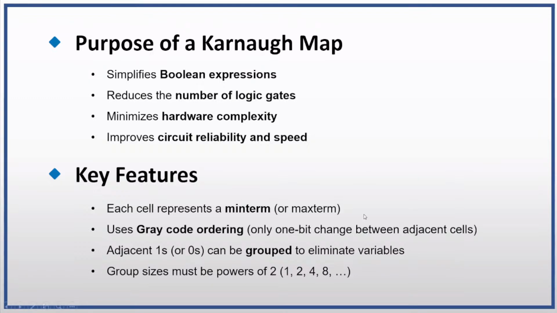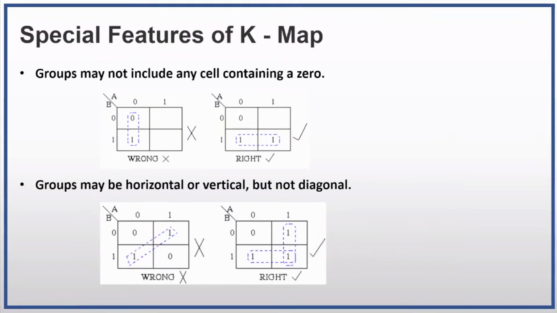So these are the key features that we have discussed, and let's move on to the rules for drawing the Karnaugh map. Normally in Karnaugh maps we use 0 and 1.